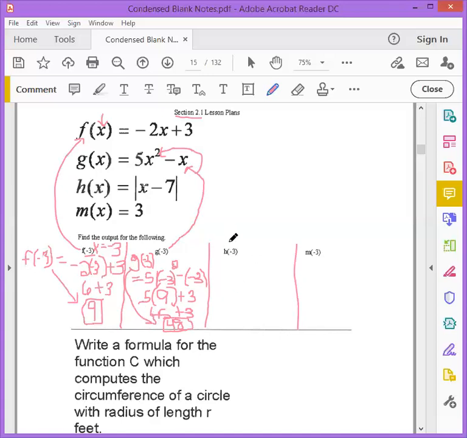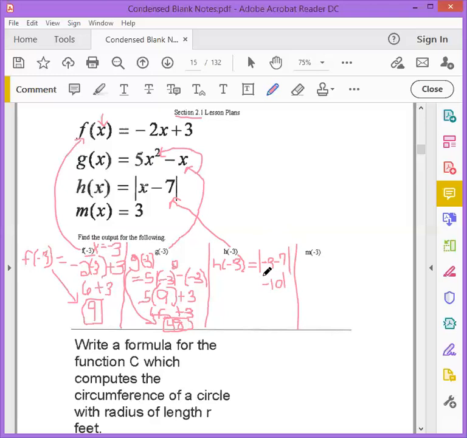Now let's find h of -3 using our h function. H of -3 equals the absolute value. These two vertical lines mean absolute value. The absolute value of -3 minus 7. -3 minus 7 is -10.